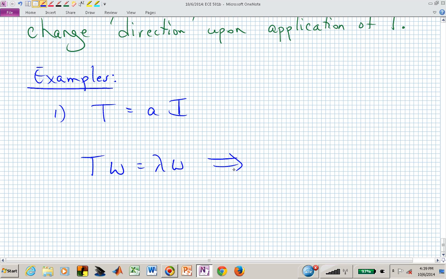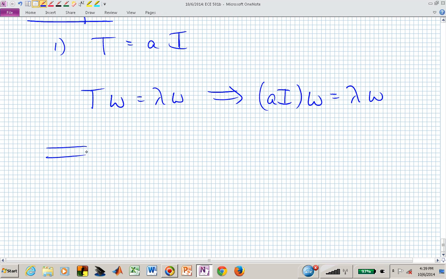We want to see what that corresponds to, if we can find a lambda and a W. Well, if we apply T, which is A times I, to W, and we say that's equal to lambda W, we can now say that that really just says that AW is equal to lambda W. What's our eigenvalue?